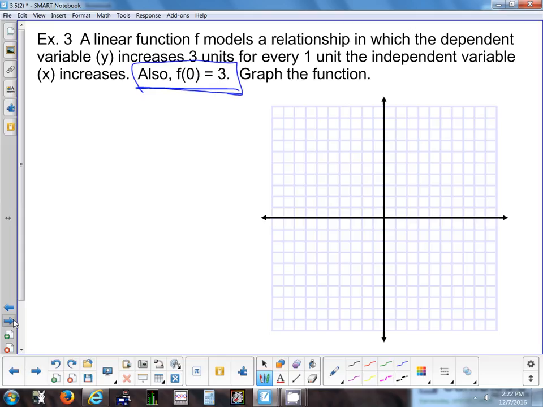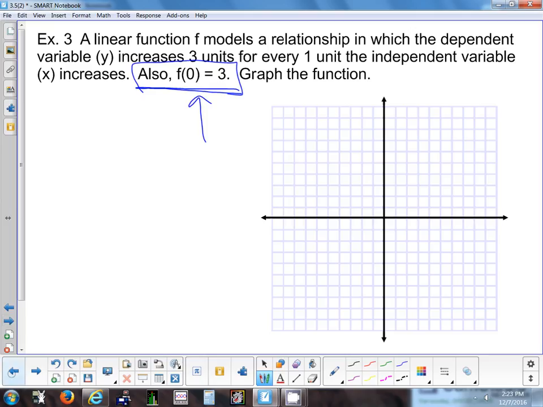And then they're also giving us this other fact. What's that first thing that I just said? The y value goes up 3 every time the x value goes up 1. What am I describing? That's the what of the line? I'm talking about the slope.